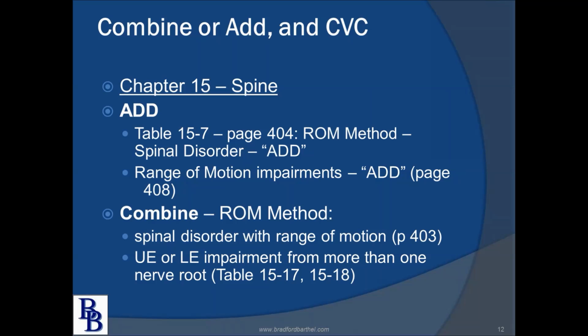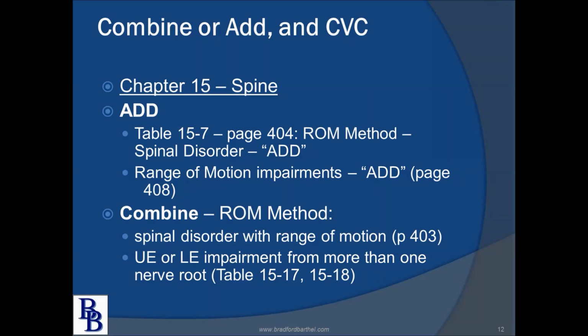When do we combine? With the range of motion method again, we combine spinal disorder with range of motion totals. Spinal disorder totals that we've added with range of motion totals that we've added. So with the range of motion method, there are 3 different elements potentially to consider.